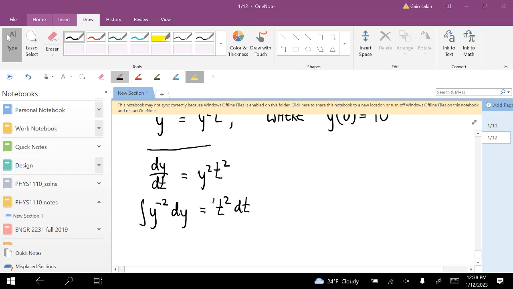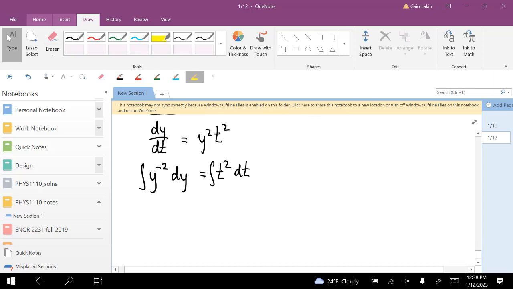And we can integrate both sides. And we get that negative y to the negative 1 is equal to t cubed over 3 plus c. That's what we had before. But now we're going to use that boundary condition to find that value of c. Okay?